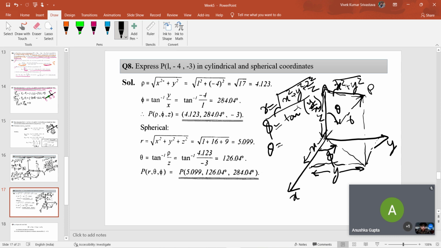So theta is given as tan inverse rho by z. So that's how you can specify the same point in the spherical coordinate system. I've already given the answer here. You can match this answer with yours after solving it by yourself. If you have any doubt in this question particularly, then you can ask.